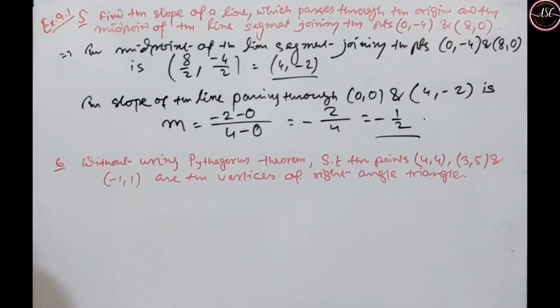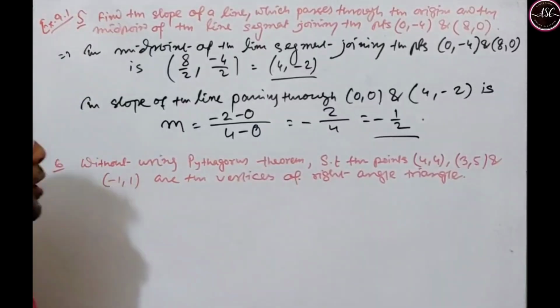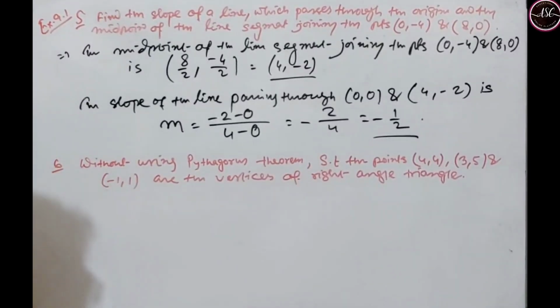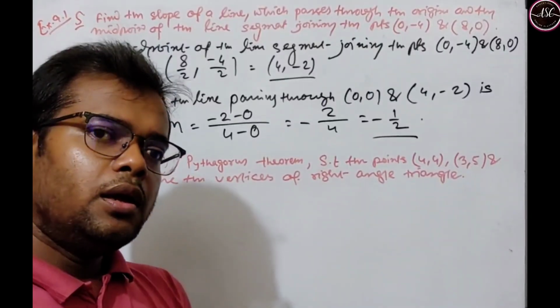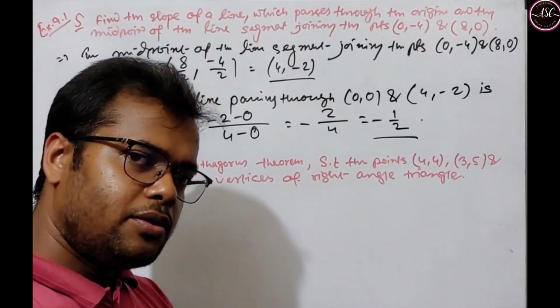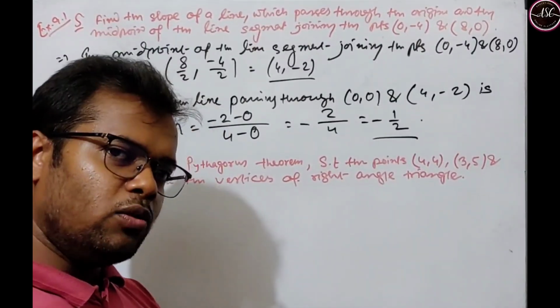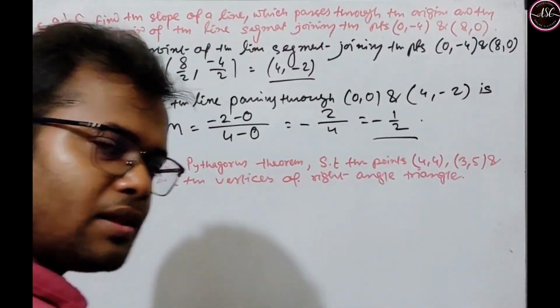Now look at this question. Without using Pythagoras theorem, show that the points 4, 4, 3, 5, minus 1, 1 are vertices of a right angle triangle. So in a right angle triangle, we know that there are 3 sides. Okay, 2 sides are perpendicular, that means base and perpendicular.